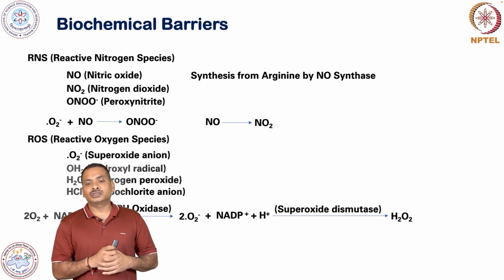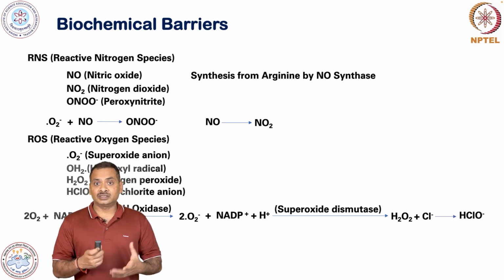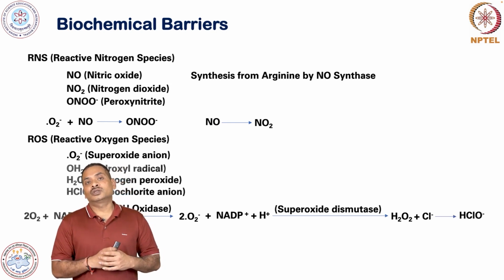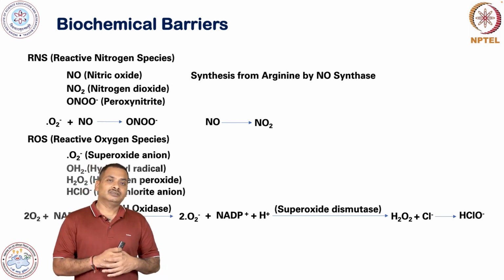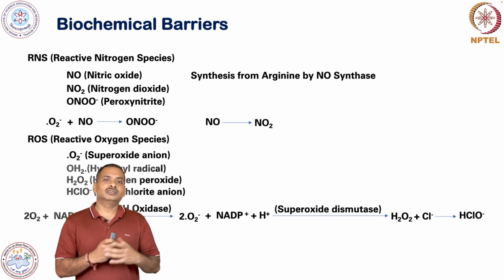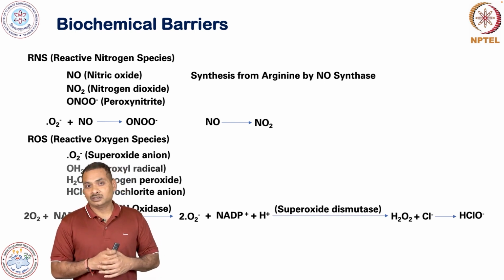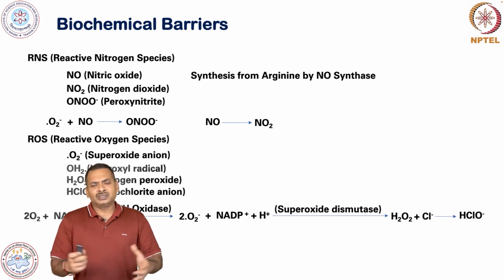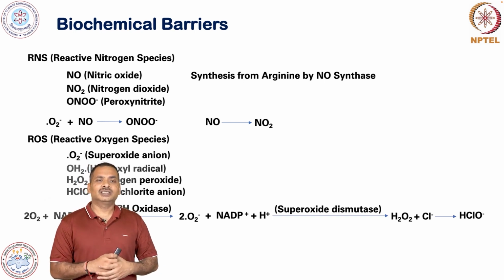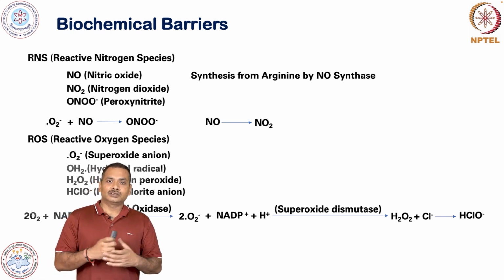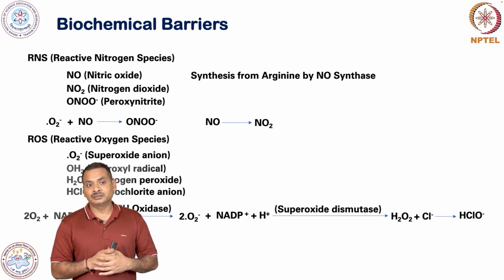By the action of superoxide dismutase, hydrogen peroxide is synthesized, which reacts with chloride ion and gives hypochlorite anion. All these reactive nitrogen and oxygen species are very potent antimicrobials. By the knowledge of chemistry, they can react with anything and destroy it. So this is one very important kind of biochemical barrier.